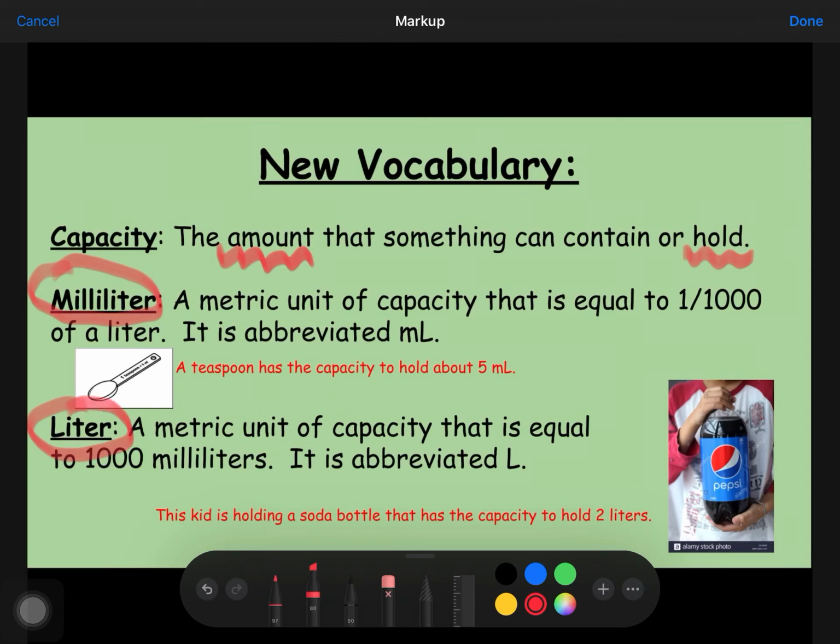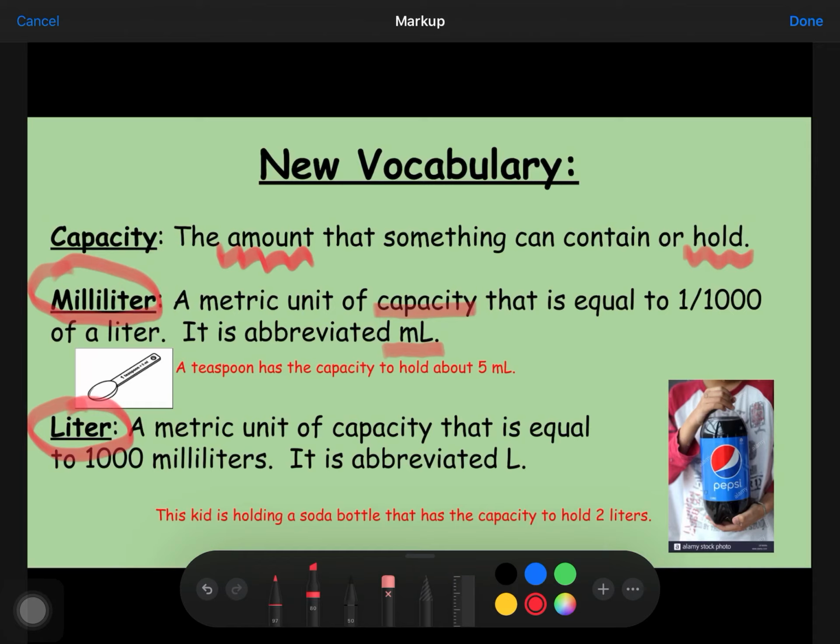A milliliter is a metric unit of capacity that is equal to 1/1000th of a liter. It is abbreviated with a lowercase m, capital L, okay? If I remember when we were talking about fractions, if I had a cookie and I had 1/1000th of a cookie, that would be 1 part out of 1,000 pieces.